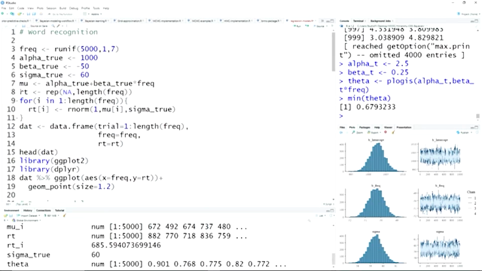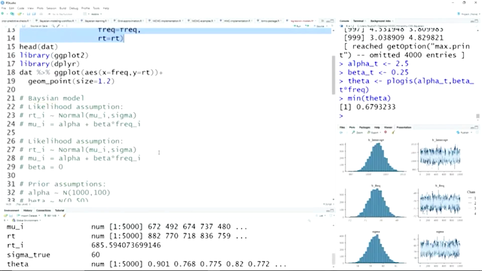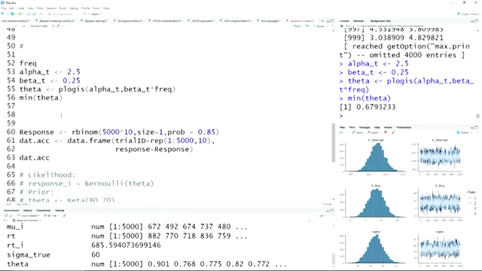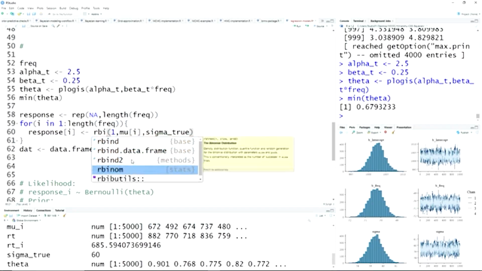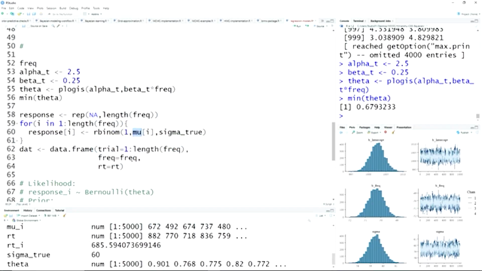So I can use the for loop in the same way, and then I create a data frame. Response in the ith trial comes from a Bernoulli distribution, sample size 1, and probability theta being theta i.